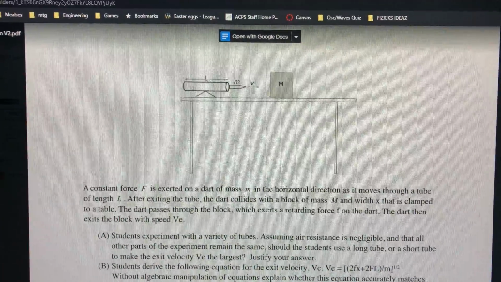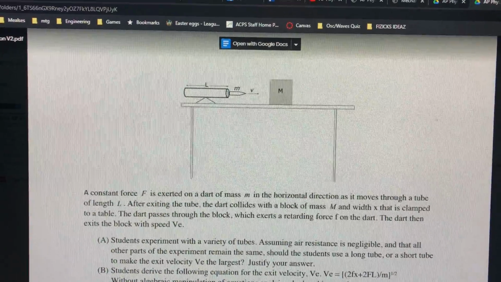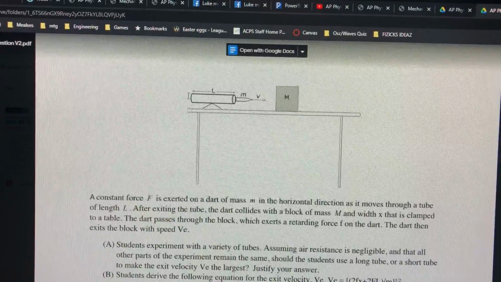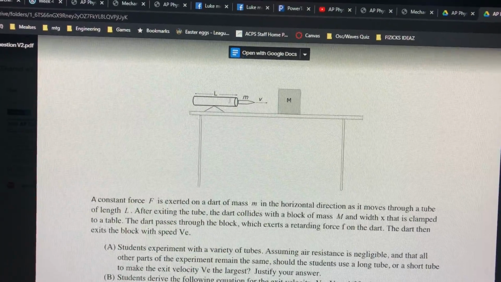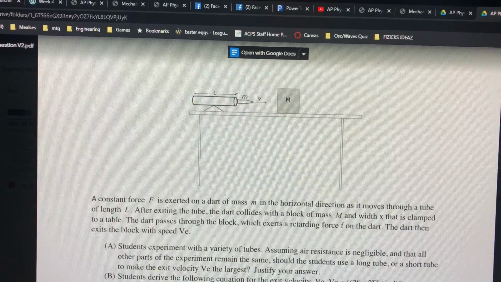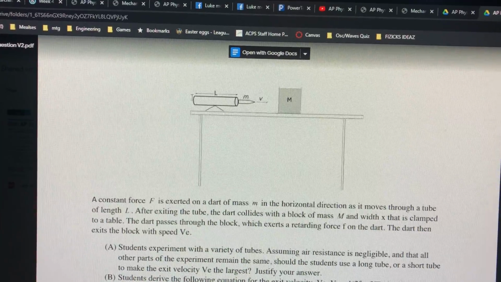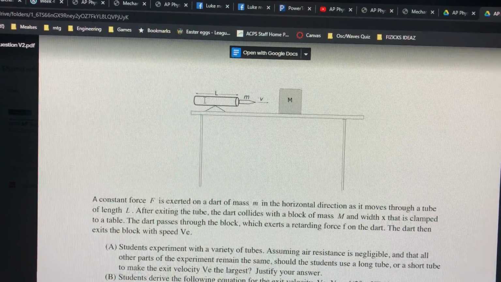Now, thinking about that in terms of length, if we apply a constant force over a longer distance, right, the force is constant, the acceleration is going to be constant because we're not changing the mass. F equals ma, Newton's second law, says that because we have a constant force applied and a constant mass, we'll have a constant acceleration.